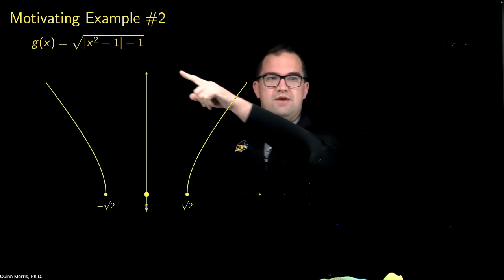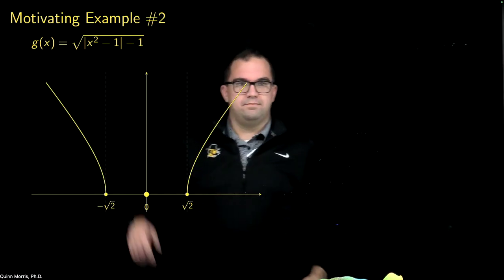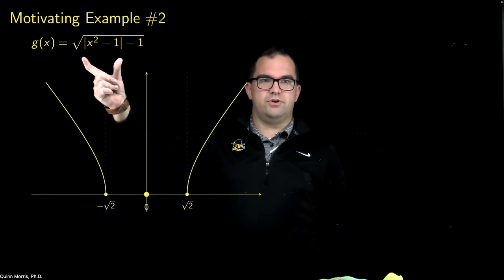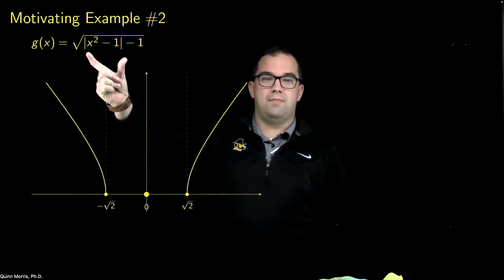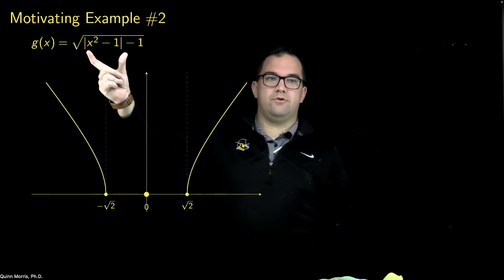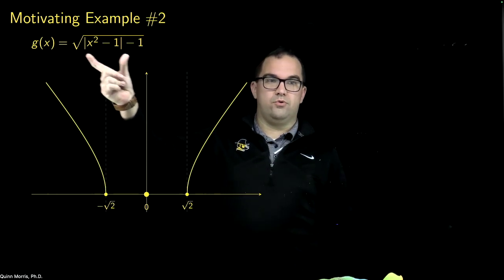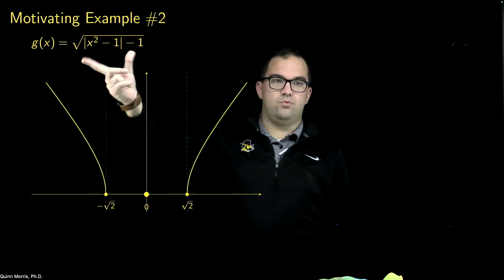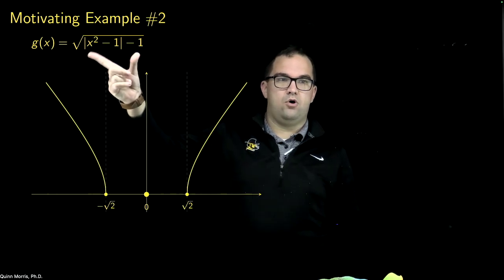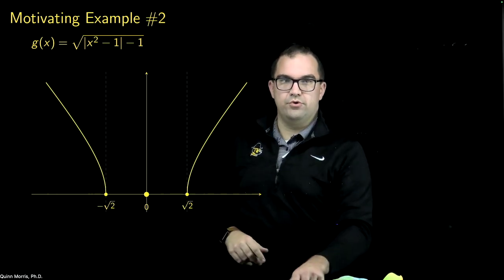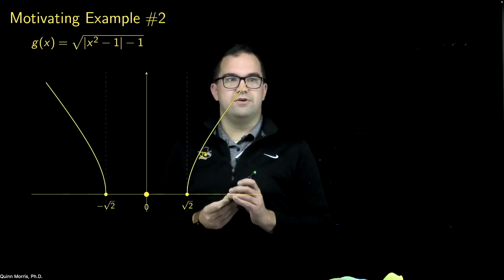If we look at this, it's going to depend on whether x squared minus 1 is greater than 1 or less than 1, because I need to know when the thing under the square root is going to be greater than or equal to 0.